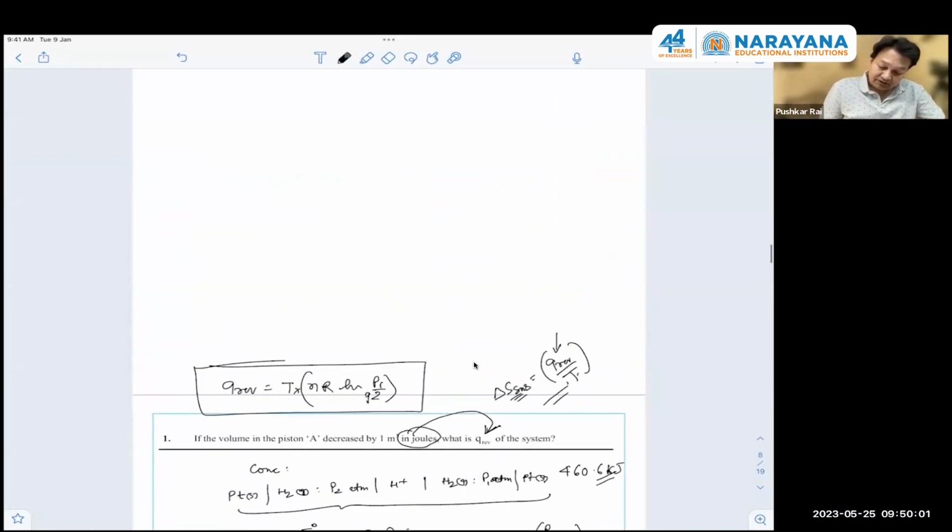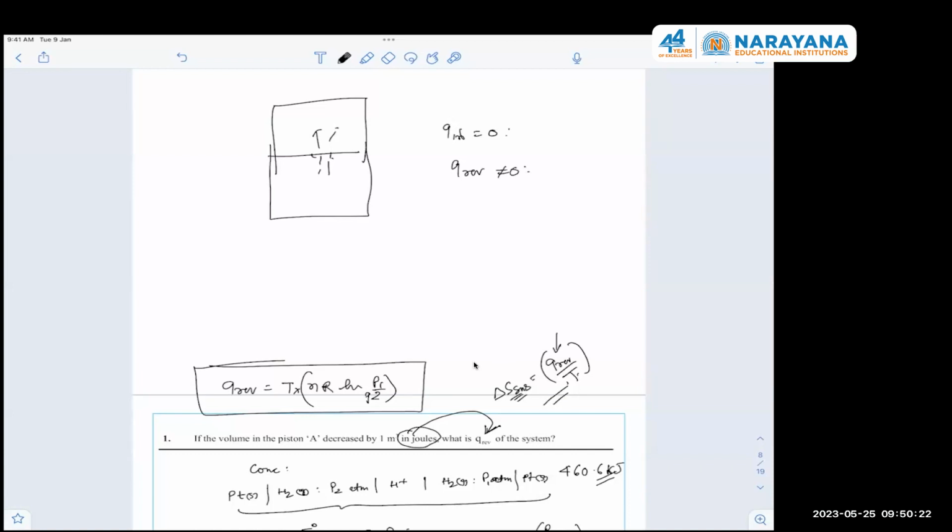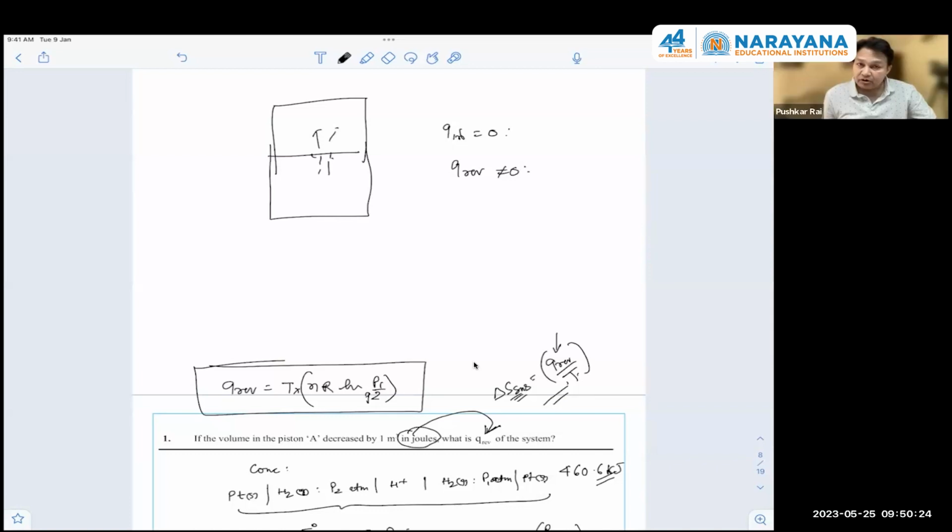See, the Q reversible concept. You are expanding a gas in vacuum. You remember that question? If you expand the gas in vacuum, then of course Q irreversible is equal to 0. But Q reversible is not equal to 0. That is not a reversible process, but you can carry out the change in a reversible manner.